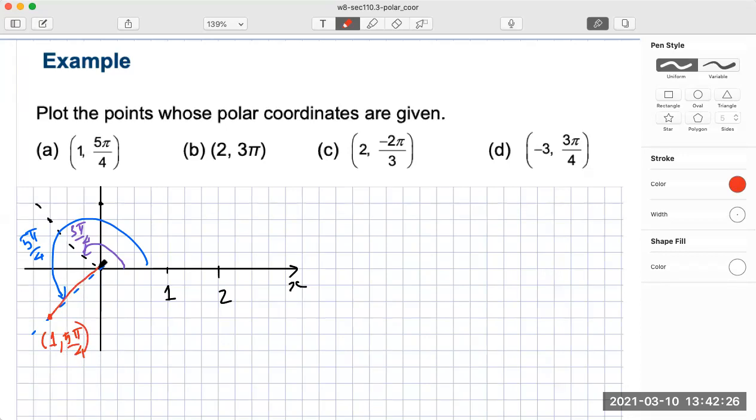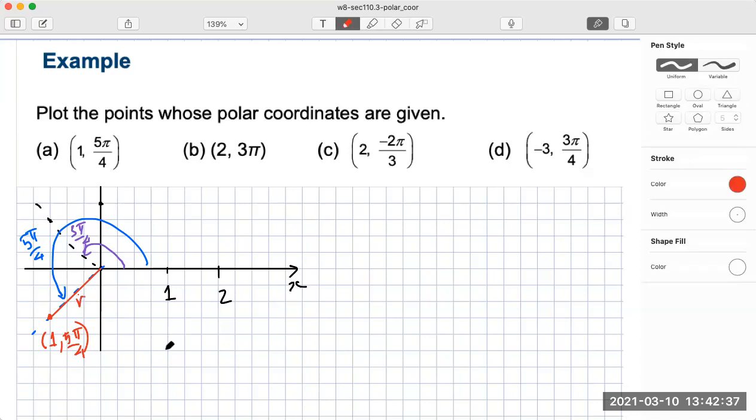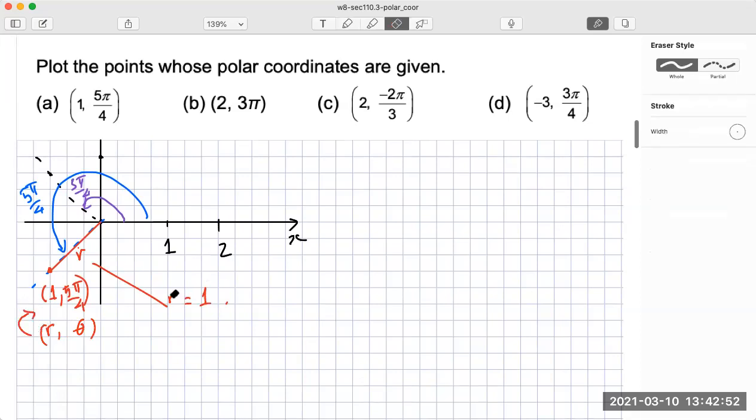And let us draw this line. And we call this r, right? And remember, in this case, r is equal to 1.